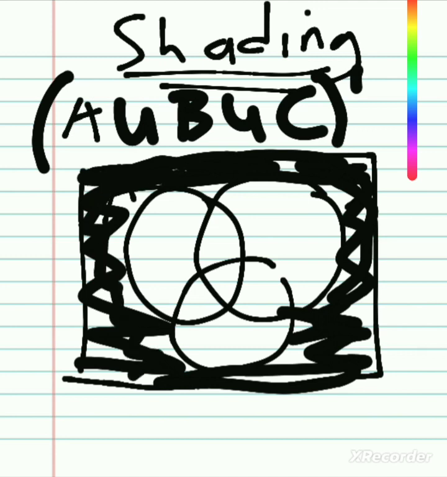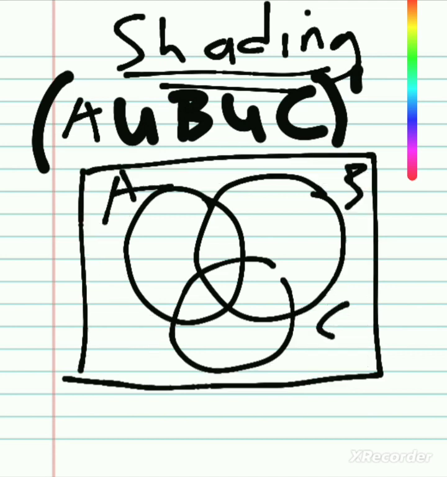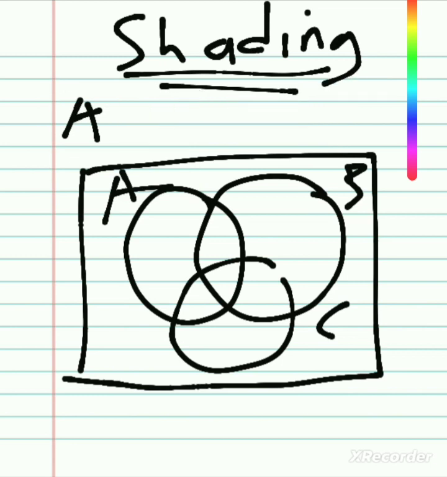So this is A union B union C complement. So complement means outside the three sets. Enough with union and complement. Even A union B complement is just knowing what A union B is, then you shade everything outside the two sets.